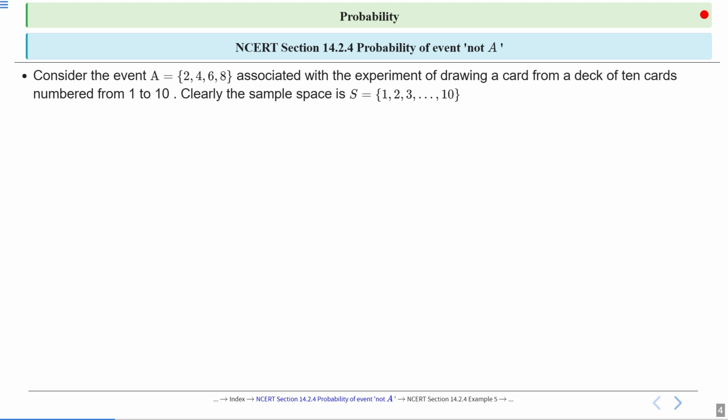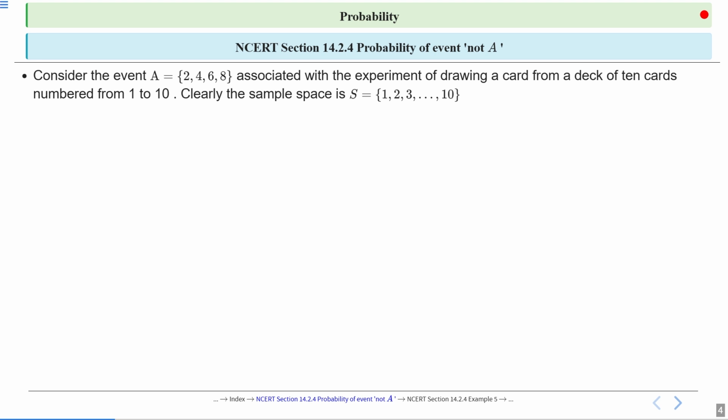So clearly the sample space is S equal to the set 1, 2, 3, 4, 5, up to 10, since we have numbered the cards from 1 to 10. And the event is the set 2, 4, 6, 8.